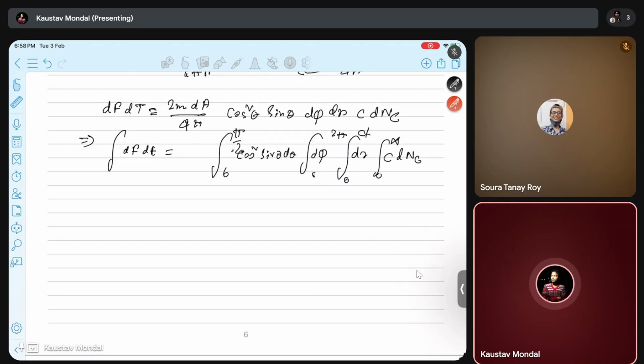After getting the expression of the force, the pressure is simply df by dA, and you will get the pressure expression as 1 by 3 m n c square bar. This is the expression of the pressure from the kinetic theory of gases.